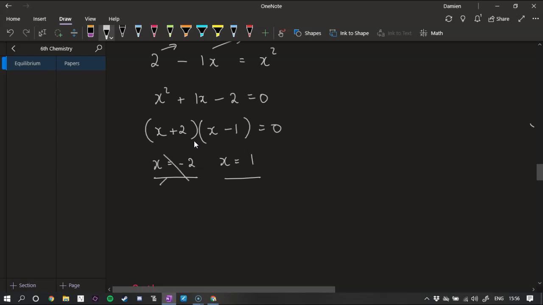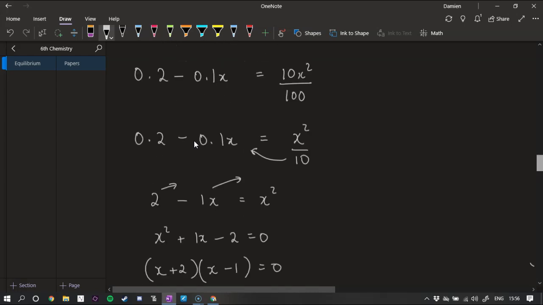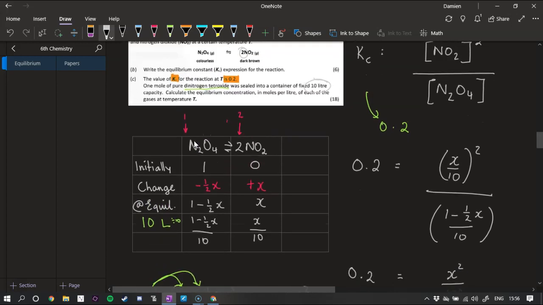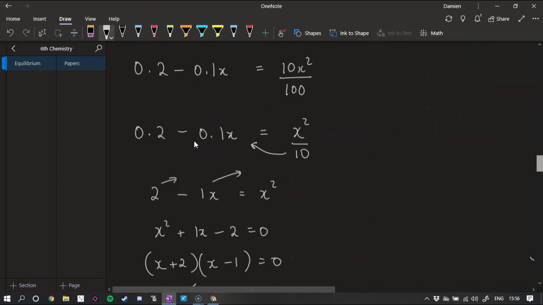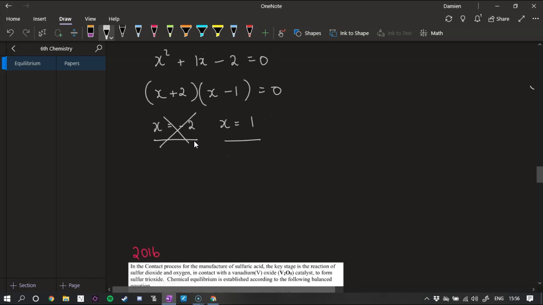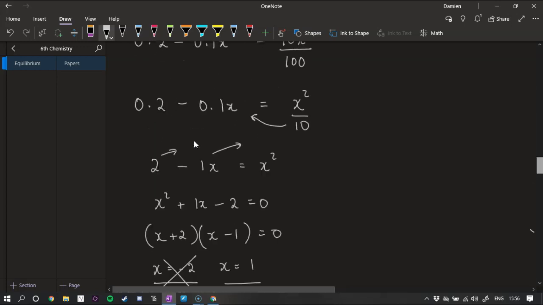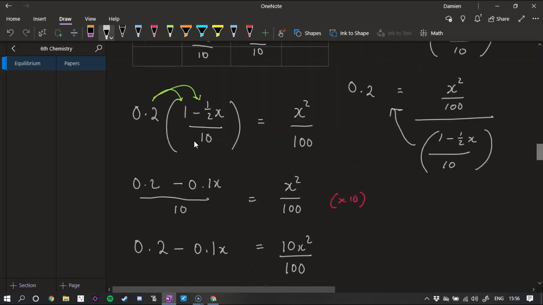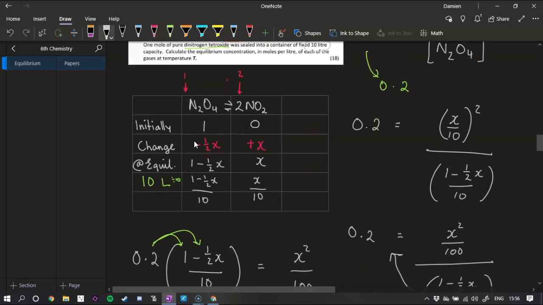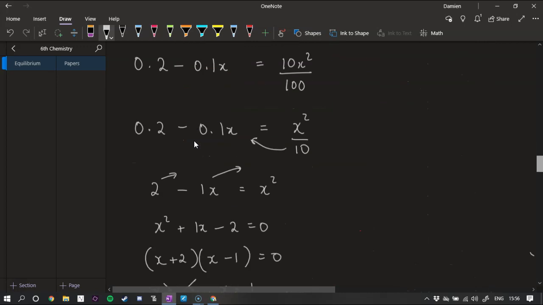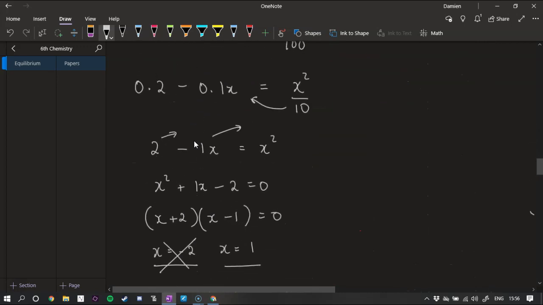You're not going to take the negative one, because if x up here is the change plus x, the number that you're looking for down here is x equal to 1. So now what we can do is, if x is equal to 1, that means this one here is your NO2. So let's go back down here.